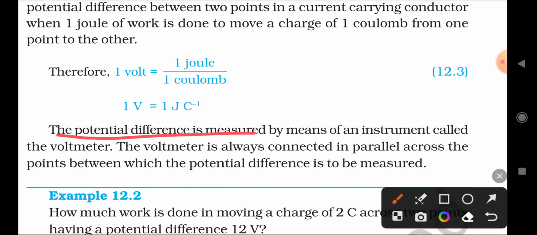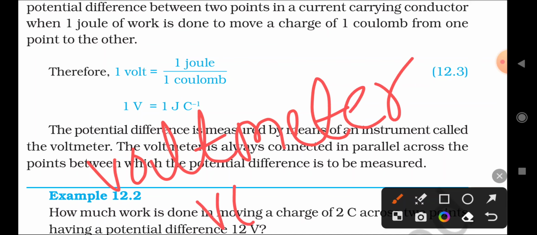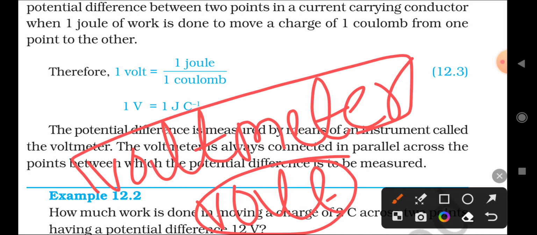The potential difference is measured by means of an instrument called a voltmeter. Again, very important point: potential difference is measured by which instrument? Called a voltmeter. Remember that the SI unit of potential difference is the volt.